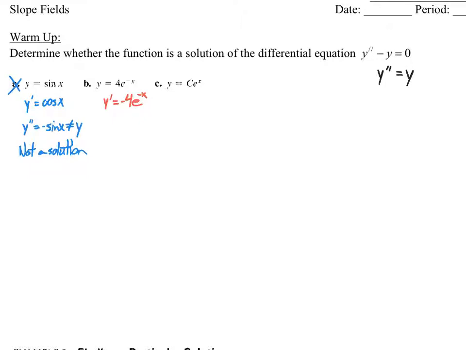Now y double prime. Again, same thing. Write it down exactly as it is, then multiply by the derivative of the exponent, which is another negative 1. So that's going to make that positive. So that equals y. So B is a solution.